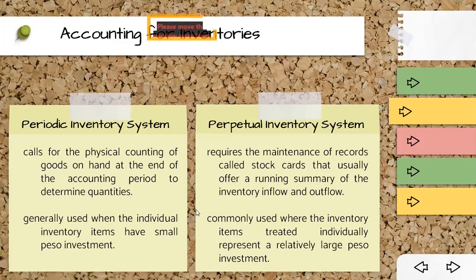Itong perpetual inventory system na to is commonly used where the inventory items treated individually represent a relatively large peso investment. Like for example, yung mga car companies like Toyota, Mitsubishi, ang kanilang inventory ay isa, dalawa, tatlo, but minimal lang yung number, pero ang peso amount ay malaki.